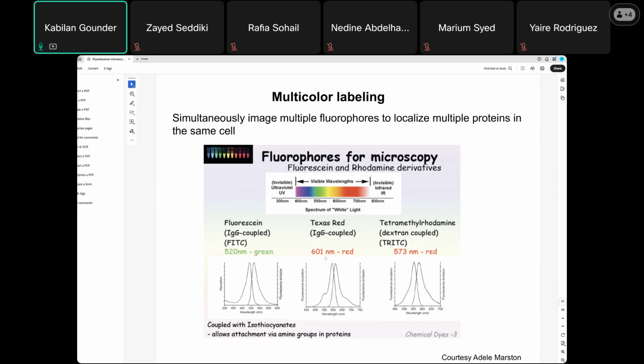Also, Texas red at 601 nanometers, you can see red, whereas TRITC at 553 is also close to this red. Similarly, you have to choose different fluorophores with a wide range of colors, so that you can distinguish them. If you use Texas red and tetramethylrhodamine TRITC, both are red and you cannot say which protein is which. So that's why we have to choose different ranges from each other.